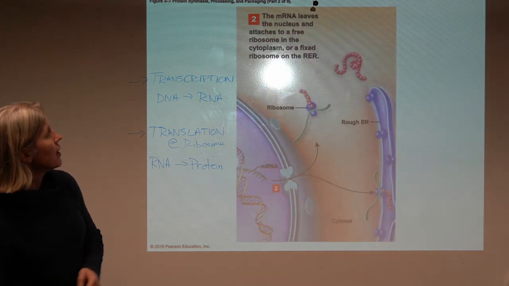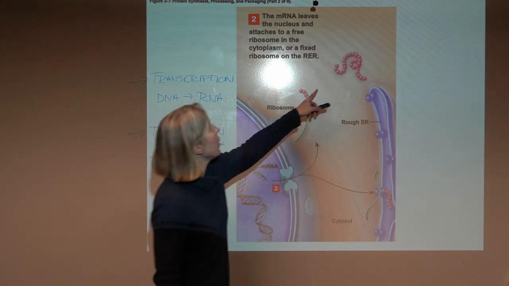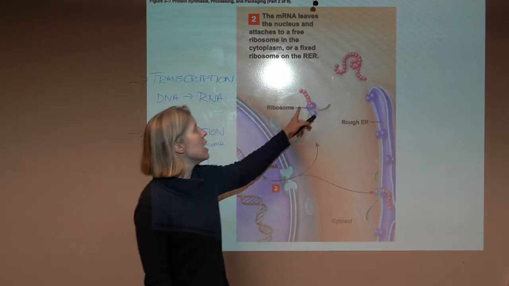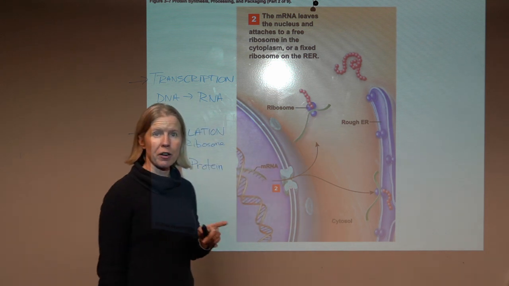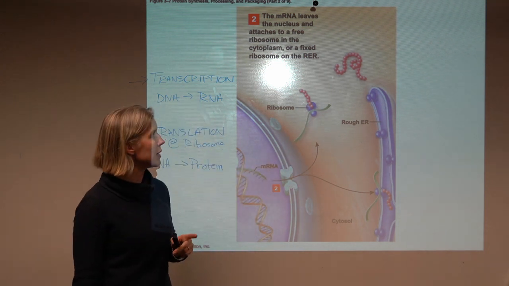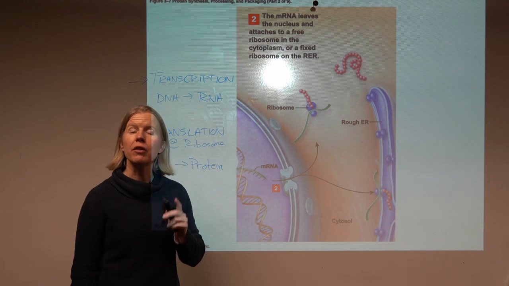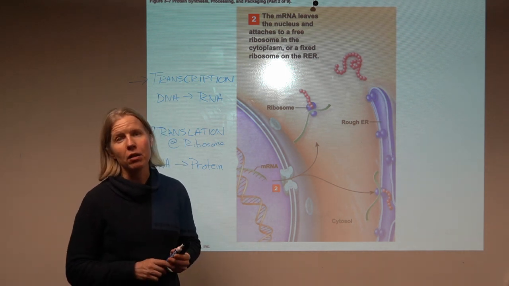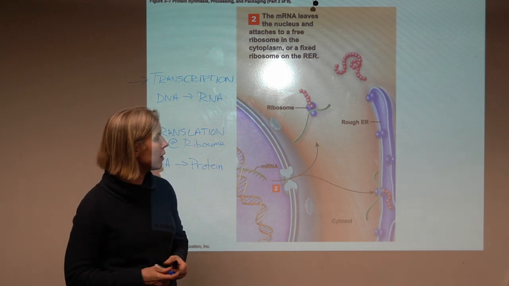Okay, now this growing polypeptide chain, what they're pointing out here, sometimes those ribosomes are free-floating in the cytoplasm, and that's pretty typical. If the protein is going to stay inside the cell, typically the translation will happen on a free ribosome.